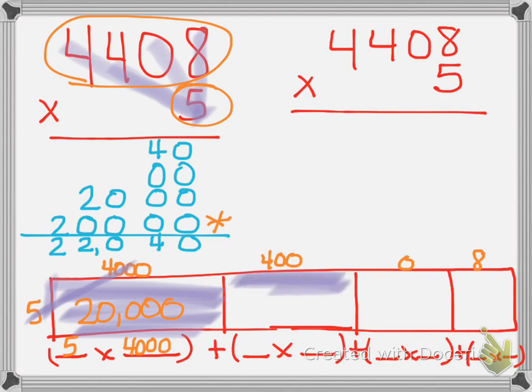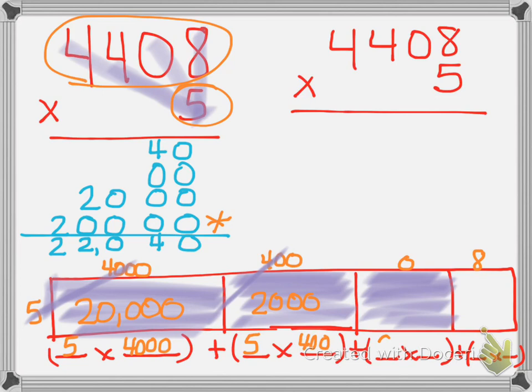Now I need to find the area of the hundreds, and I have to multiply length times width. And I know the length is still 5, and the width is 400. 5 times 400 is 20 hundreds, or 2,000. I need to find the area of the tens place. There are 5 groups. Remember, length times width. This is 5. 5 groups of nothing, which is 0.